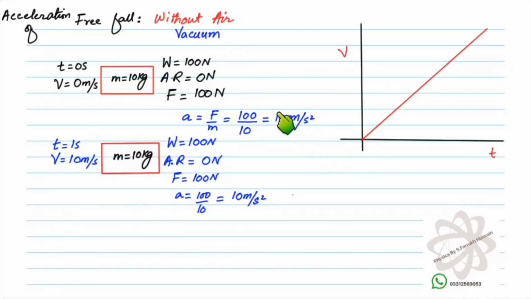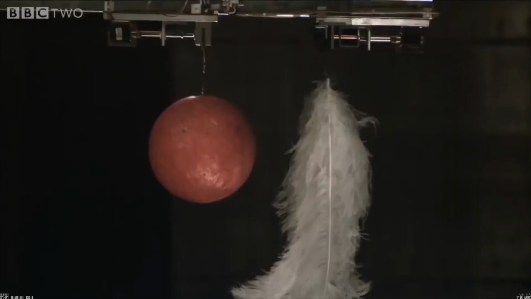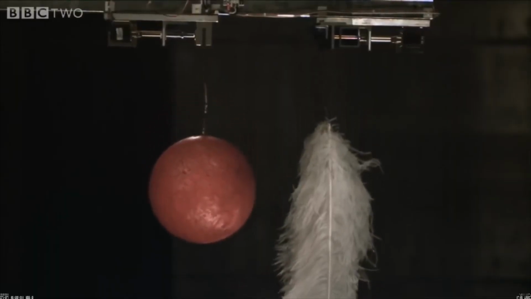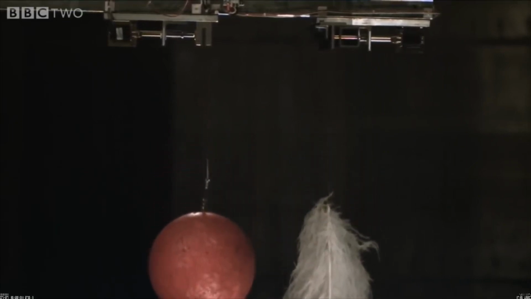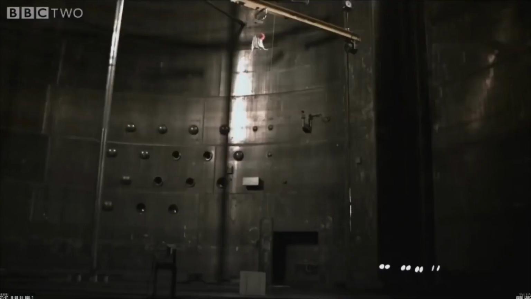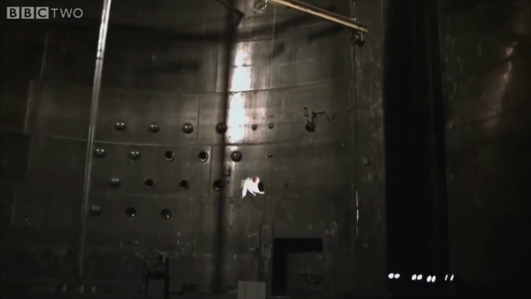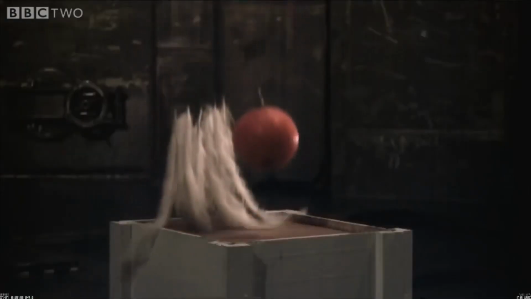The acceleration affecting the motion of the two objects will be the same, whether the object is lighter or heavier. Different masses have no effect on their motion because there is no air resistance present, so the acceleration of free fall for them will be the same throughout the motion.